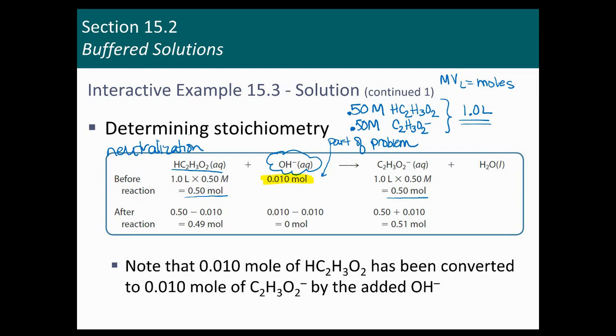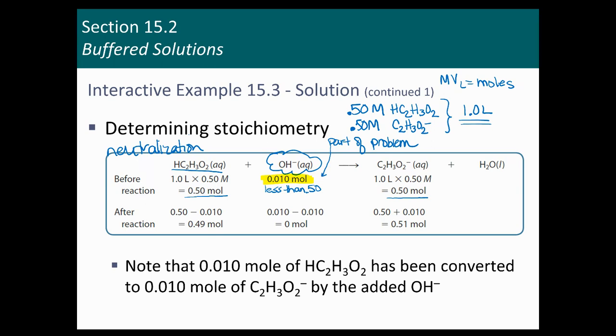The 0.010 moles is less than 0.50, right? You see how this is a lot smaller than this. Okay, that's really, really critical, because the buffer can only handle a certain amount of strong base.